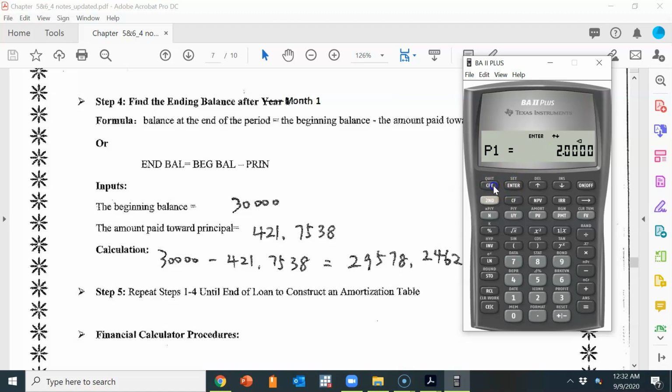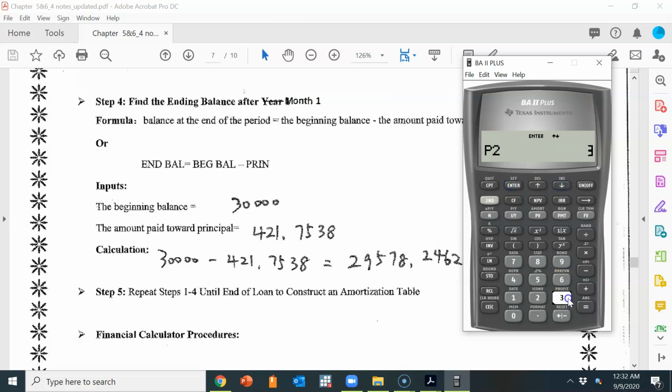Down button. Now we want to go to the second month. I can press compute. So P1 and P2 both go up to 2. Down button. Ending balance in the second month, 29,154. Principal payment in the second month, 424. Interest payment in the second month, 166. Down button. If I want to change it to the third month, I can either press compute or press 3 enter.